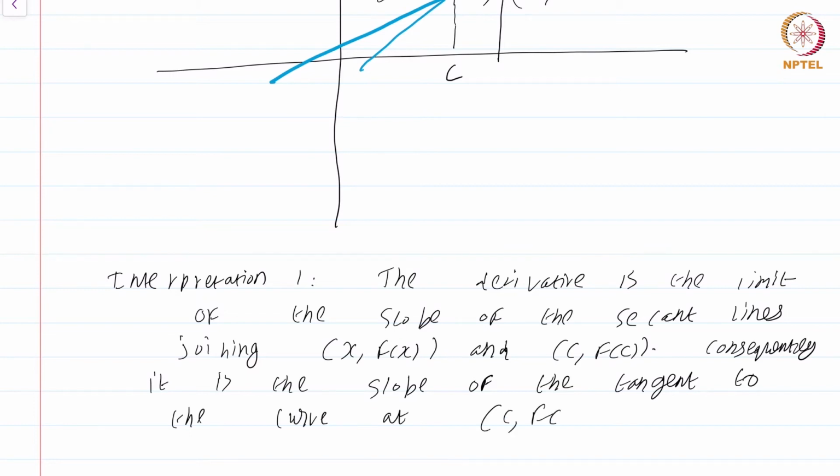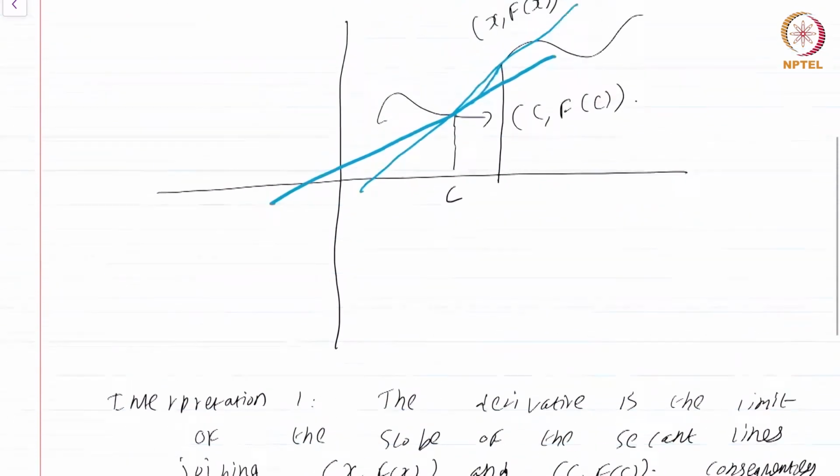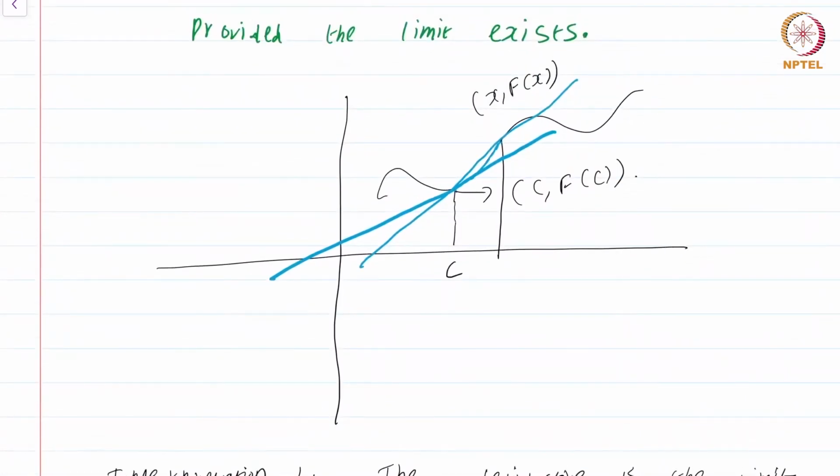Okay, so essentially what I'm doing is I'm considering the function as a graph. The graph is nothing but a curve. Then I'm looking at the secant lines passing through c, f of c and x, f of x, looking at the slope of those secant lines, and then as you move this point x, f of x closer and closer to c, f of c, these secant lines become closer and closer to the tangent to this graph at the point c, f of c.